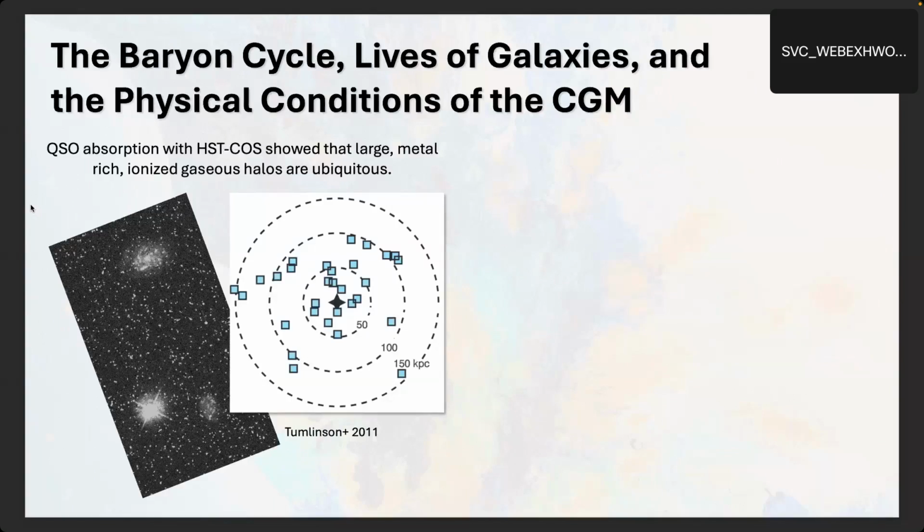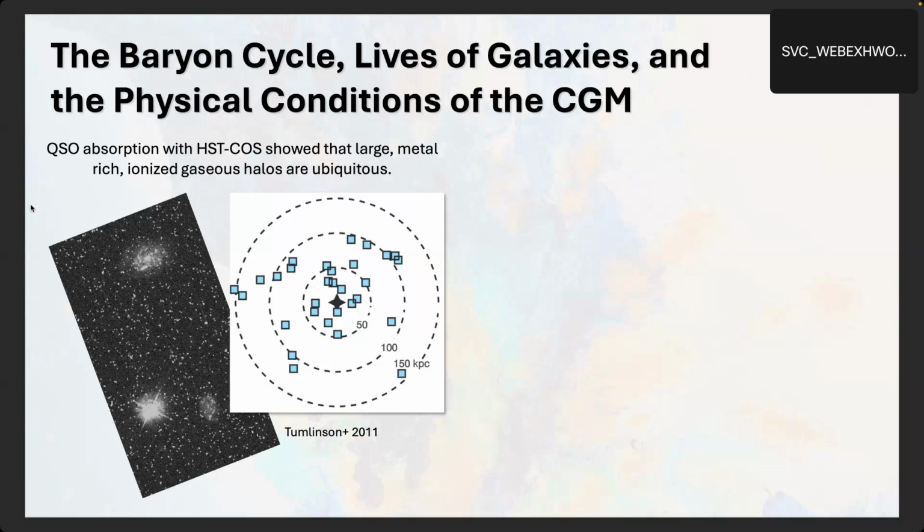The field of the baryon cycle and life cycle of galaxies was bolstered significantly when COS was commissioned on HST. One of the first systematic studies of the CGM was performed using quasar absorption. For example, here's a figure from Tumlinson et al. 2011, where they looked at a sample of 42 galaxies with background quasars. Here we actually see a twofer.